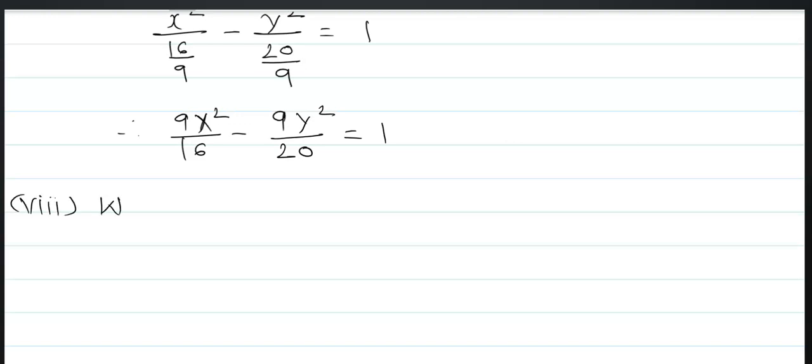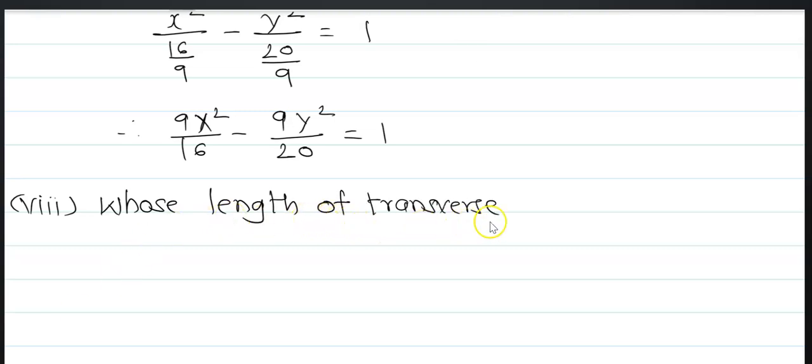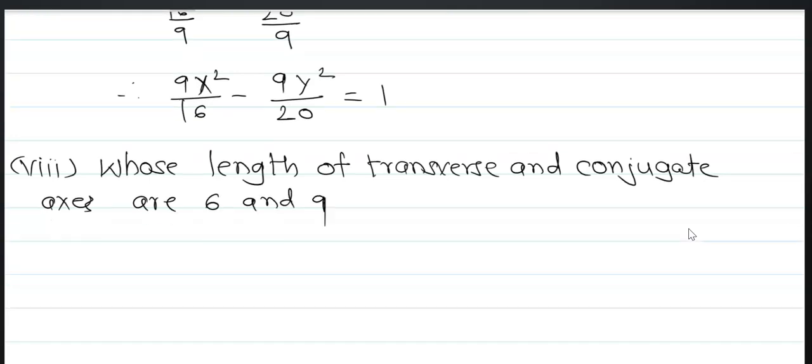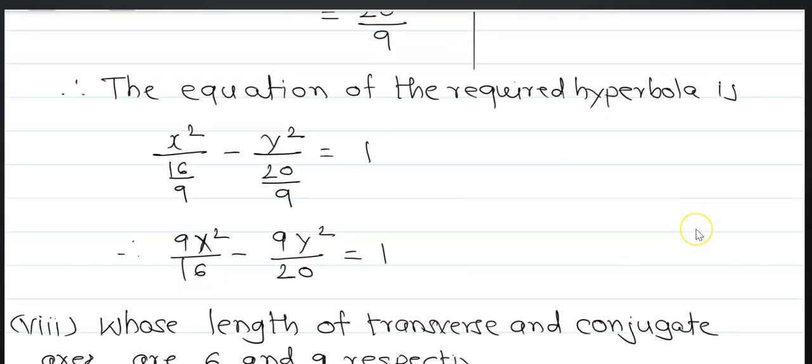Eighth one. Find the equation of the hyperbola whose lengths of the transverse and the conjugate axis are 6 and 9 respectively.